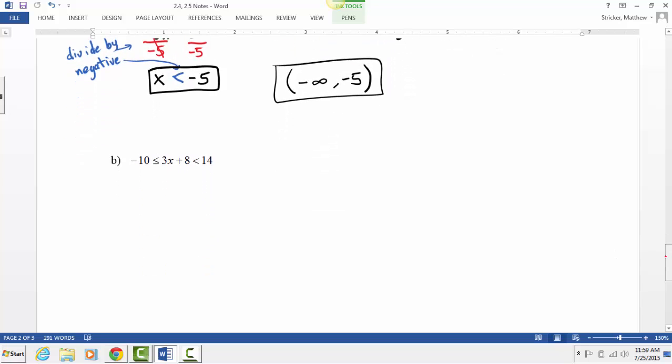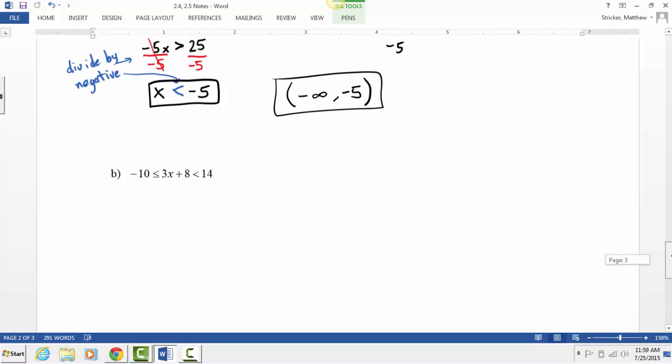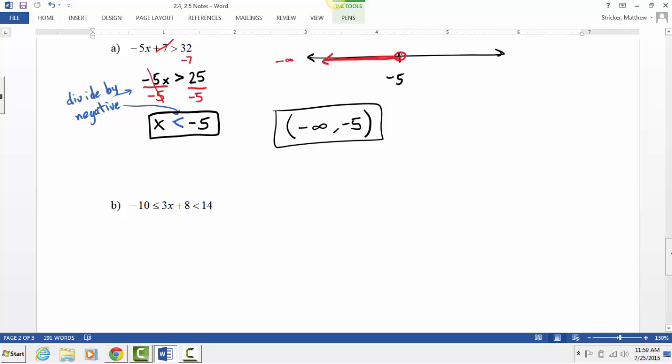We're going to do one last example here with a double inequality. And double inequalities are kind of cool because you're still solving an equation the way you normally would, except you're solving two equations or two inequalities simultaneously.